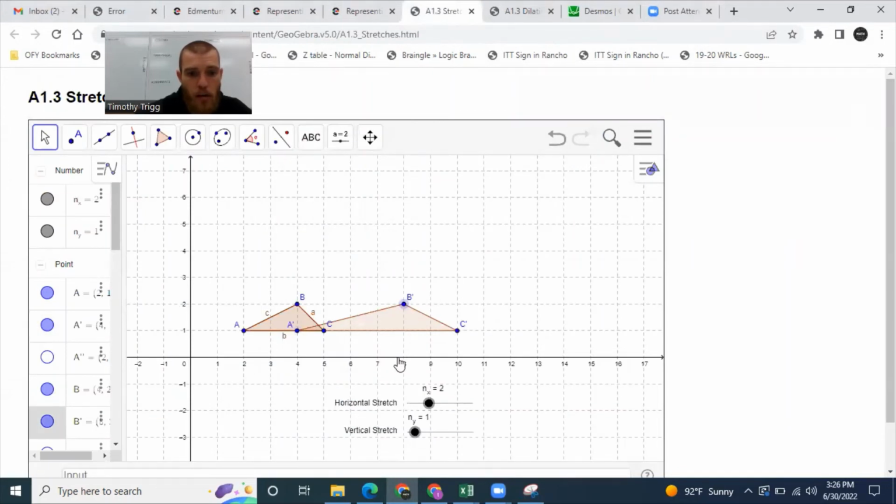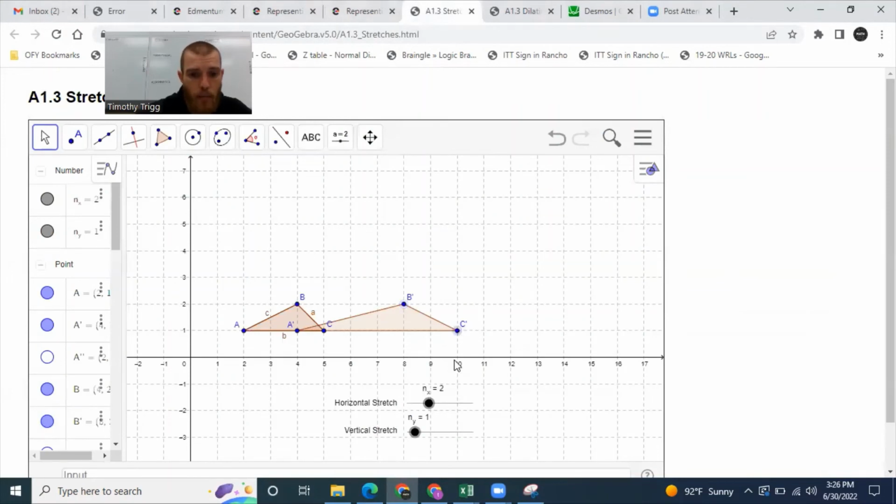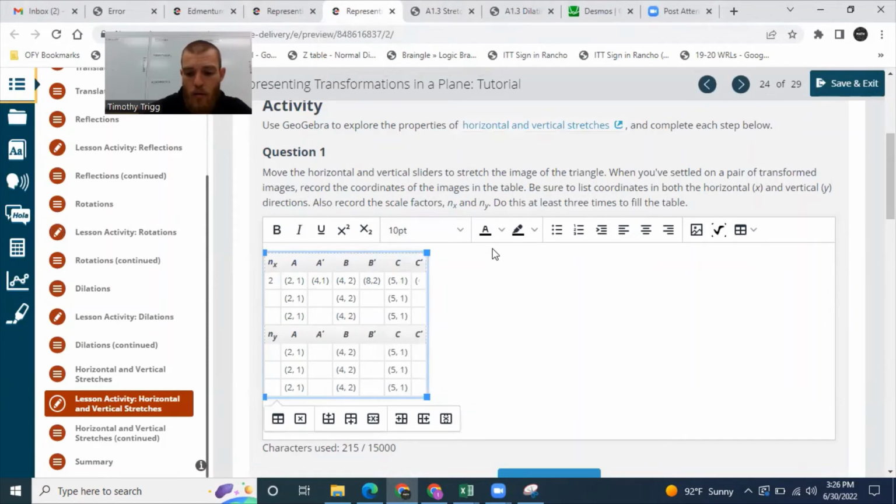Well, B prime's right here, 8, 2. And C prime, it's right here, 10, 1. Then I want you to go ahead and do an n sub x, or a horizontal scale factor of 3, and then another horizontal scale factor of 4.